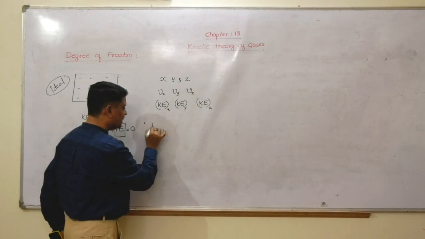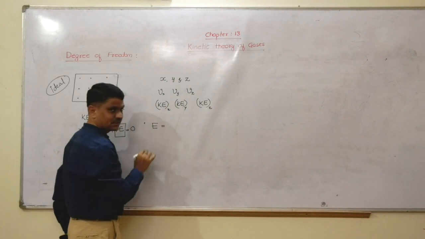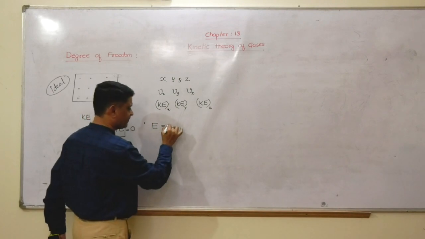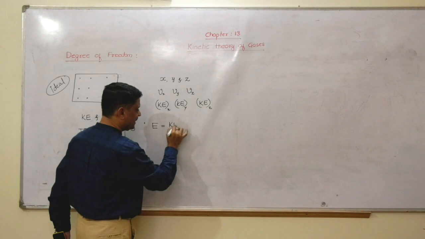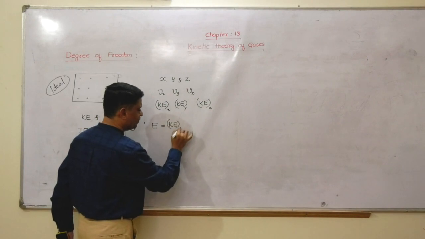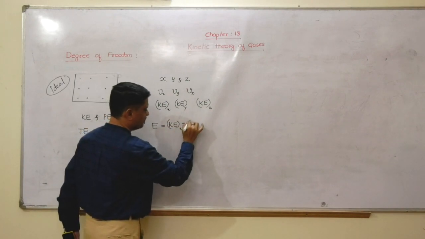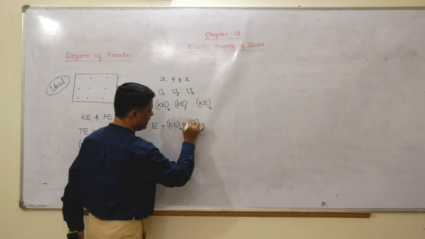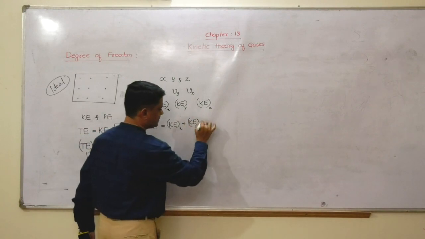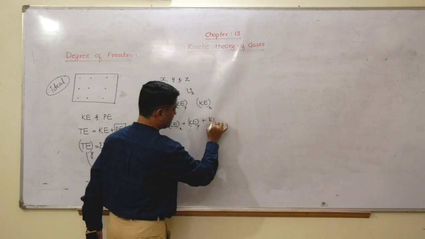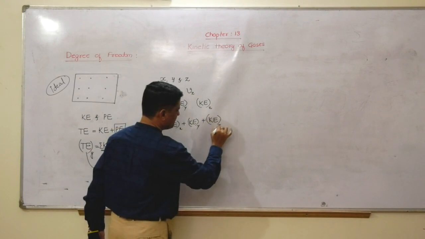Then the total energy of the atom is equal to the kinetic energy of the atom along the x-axis plus the kinetic energy along the y-axis plus the kinetic energy along the z-axis.